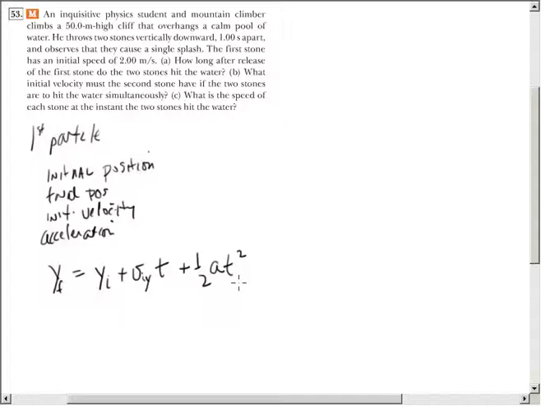In this case, since we're dealing with free fall, A will be equal to minus G. As far as our variables, we know that yf is 0, yi is equal to 50, we know that VIY is equal to minus 2 meters per second, taking the downward direction as minus, and A will be equal to minus 9.8.